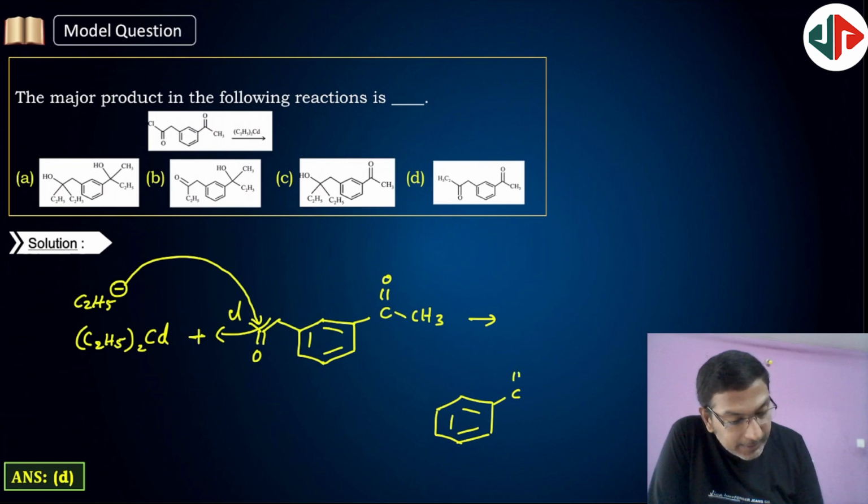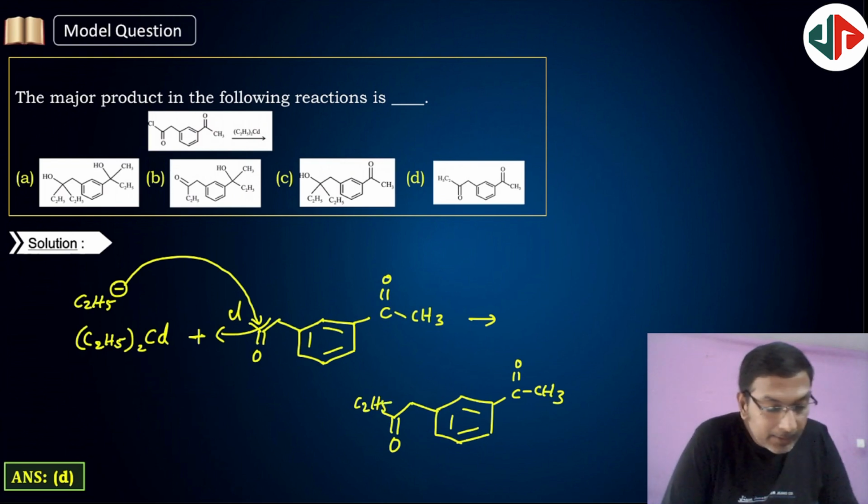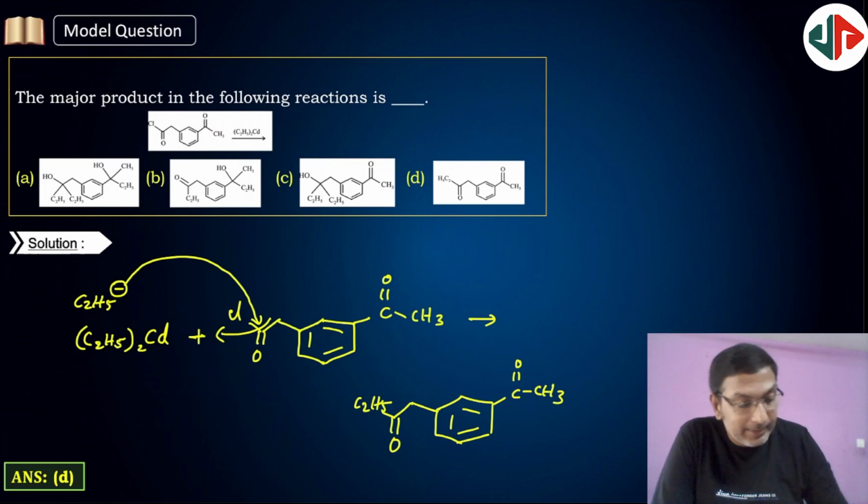here COCH3 and here C double bond O, and again here C2H5. So C2H5, CO, CH3 on the benzene ring. So this is the major compound.